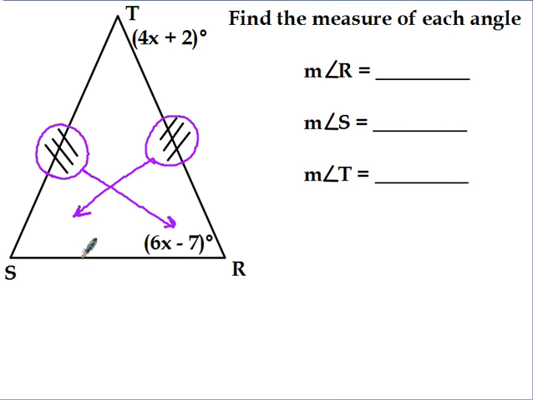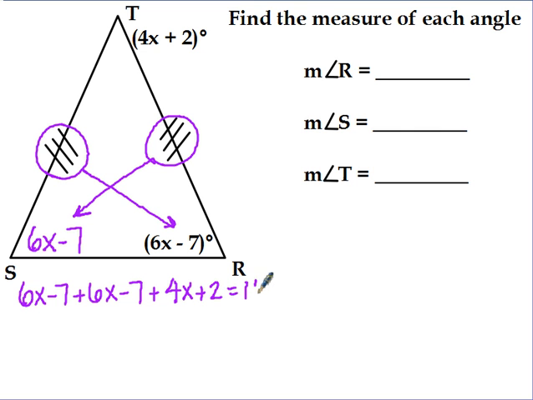So now what I have to do is, if this side is 6x minus 7, then this side is 6x minus 7. I can fill that in. And now I have all 3 angles in a triangle, so I'm going to add all 3 of these up to equal 180. So 6x minus 7 plus 6x minus 7 plus 4x plus 2 equals 180.